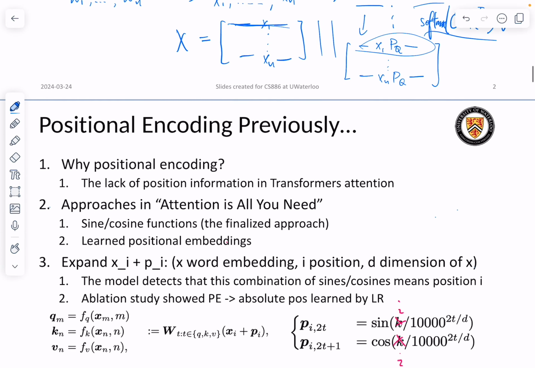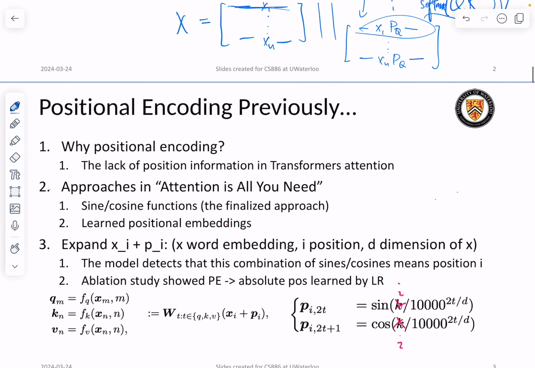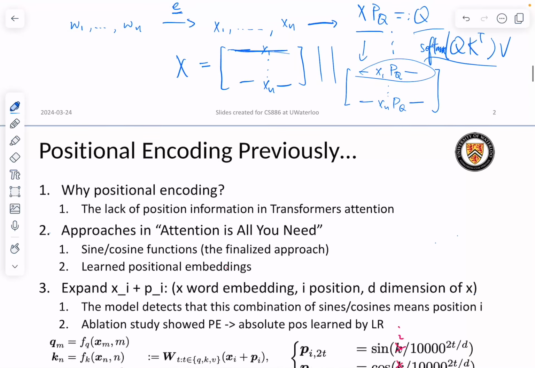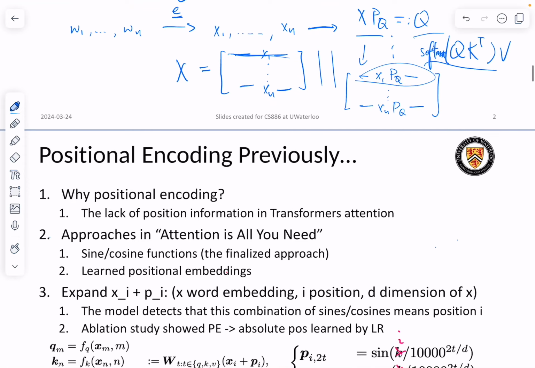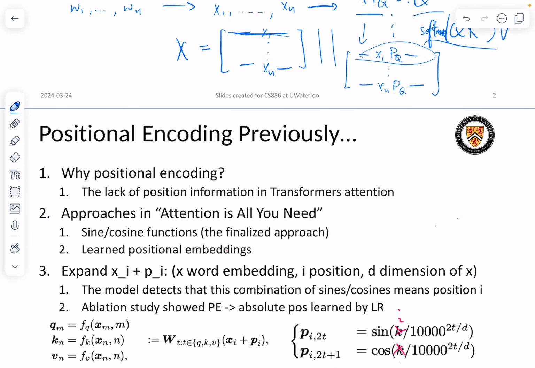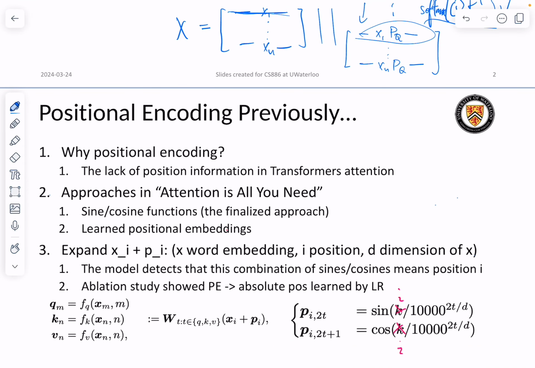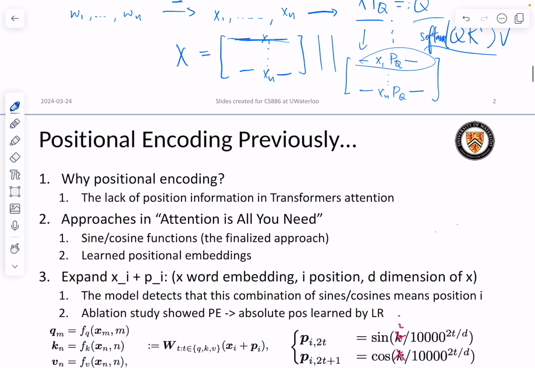And originally in the Attention Is All You Need paper, there were two ways to combat this problem. One way is to use sine and cosine functions, where we add to each of these xi's some sine and cosine values. I'll go over this later.